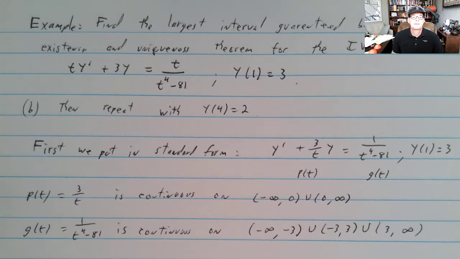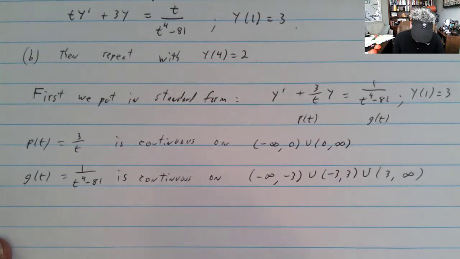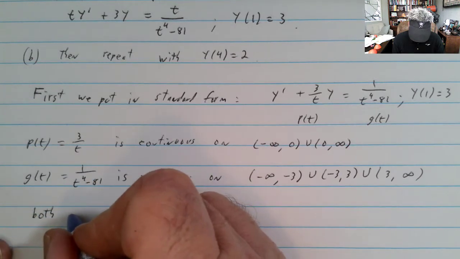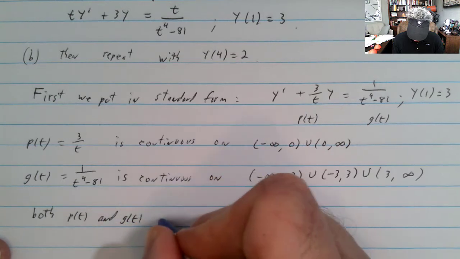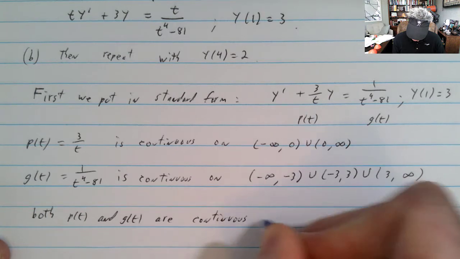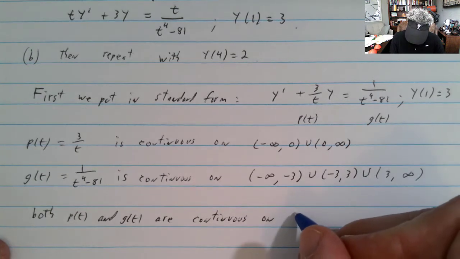So I now need intervals where both functions are continuous, so essentially take the intersection there. So both p and g are continuous on, I'm going to fit it here.